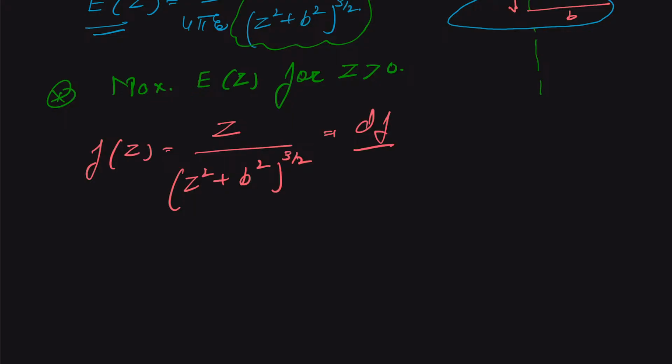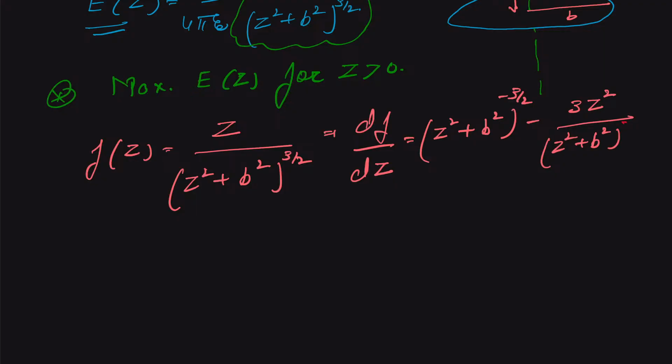Therefore we can say df upon dz will be giving us Z square plus B square to the power minus 3 by 2, and this will be minus 3 Z square, and this comes as (Z square plus B square) to the power 3 by 2.